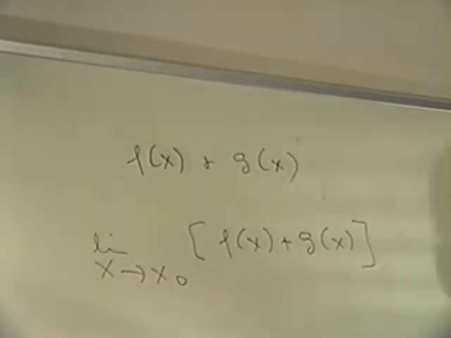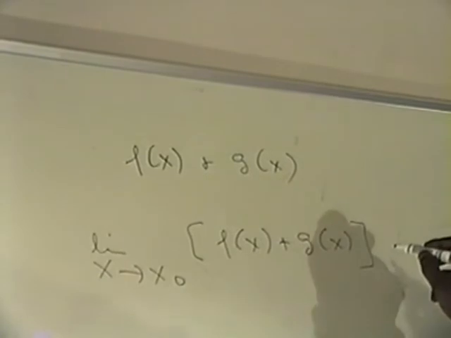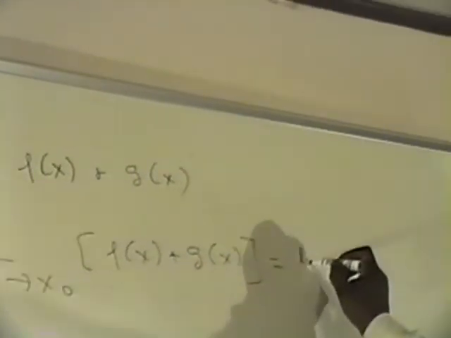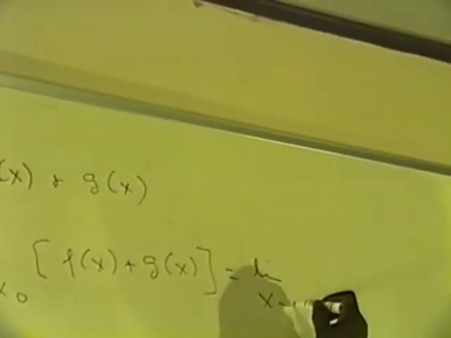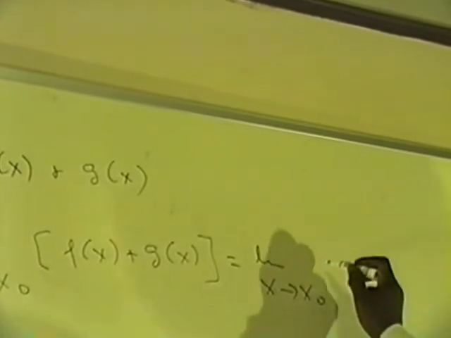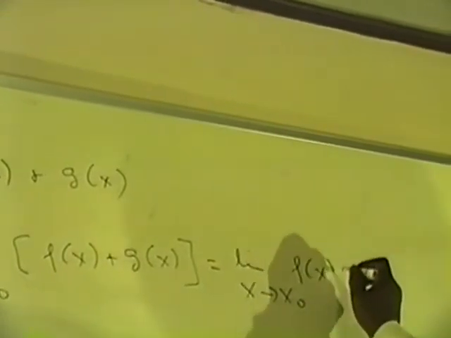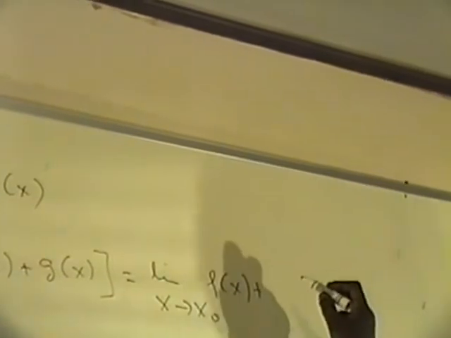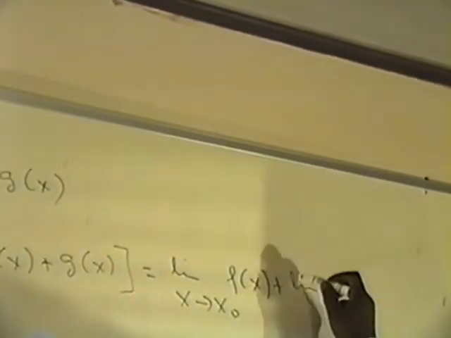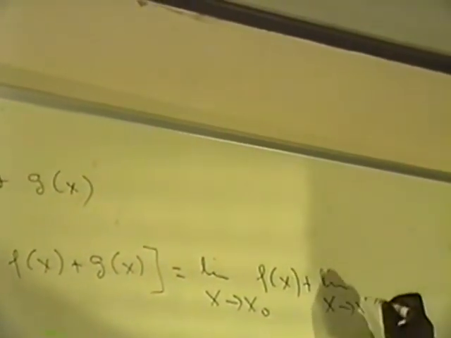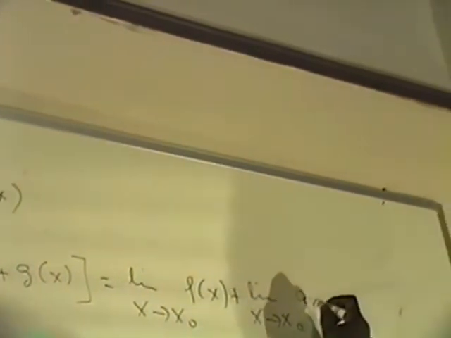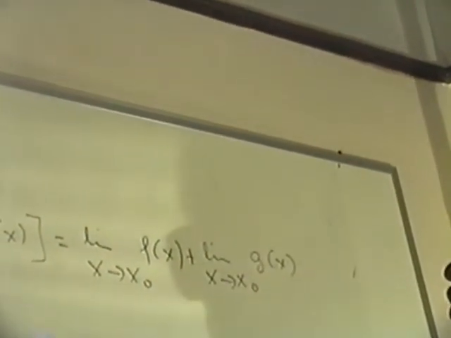This one here will be equal to the limit as x approaches x sub 0 of f of x plus the limit as x approaches x sub 0 of g of x.